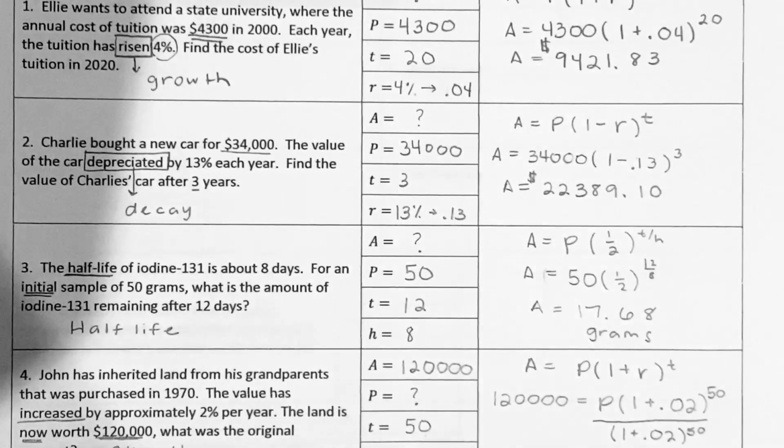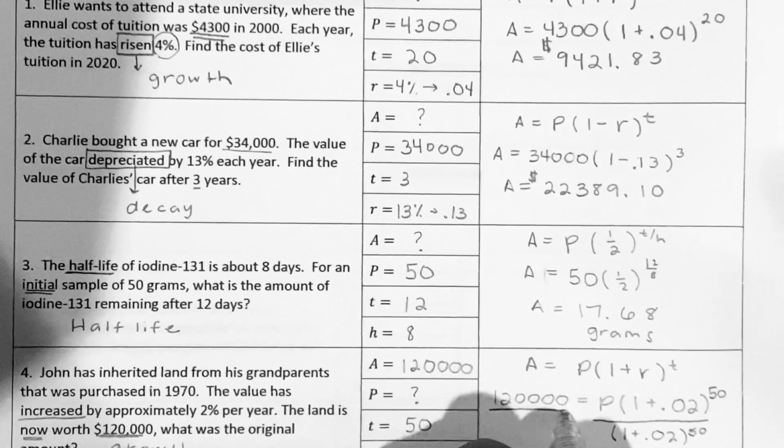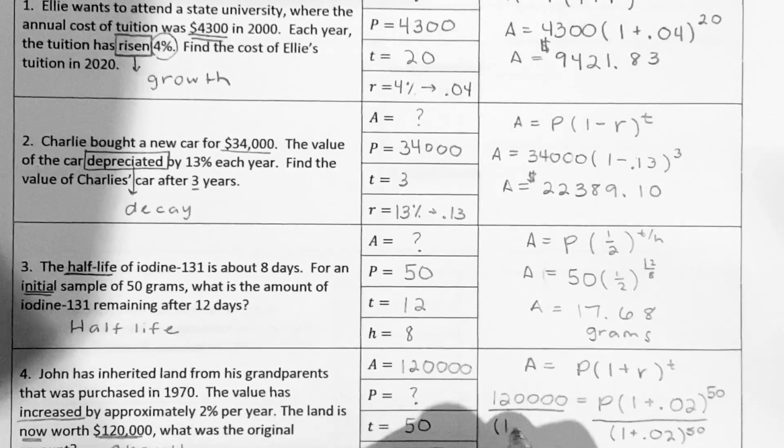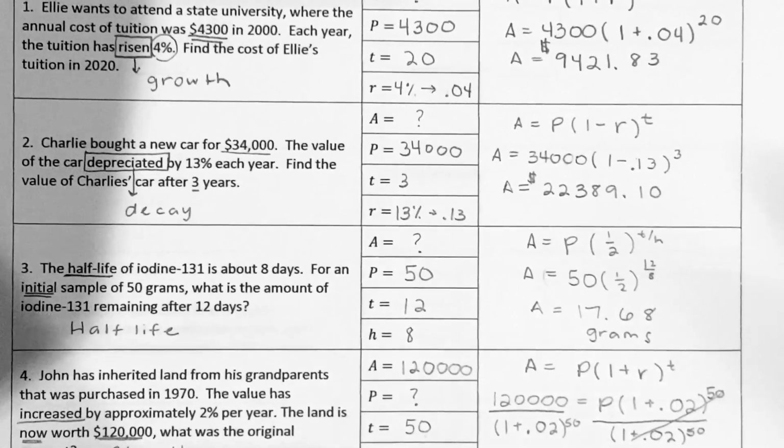Because the more you round it, the more off it gets. It won't be an exact answer. So I always want you to just round at the end rather than while you're doing it. So essentially, I'm dividing by this to get P by itself. That will cancel out on this side, and then we can just plug that straight into our calculator to get what P is.